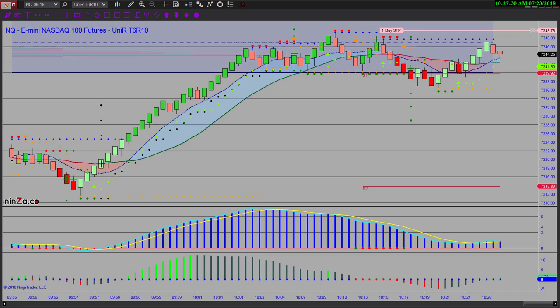It looks like we're still range bound. Unless it turns right around right now and goes higher and continues higher, it's not going to look very good.